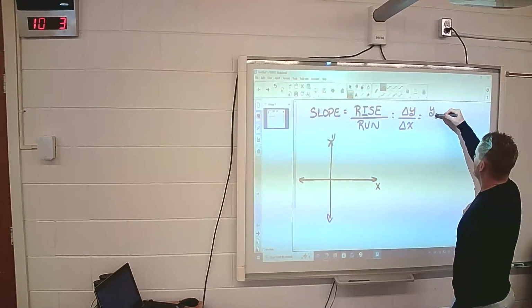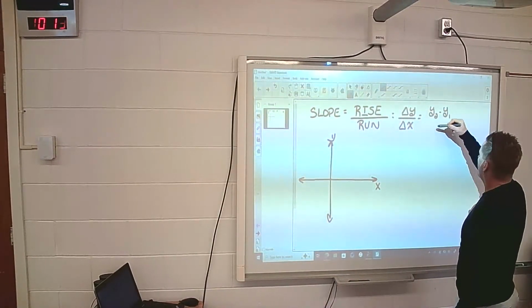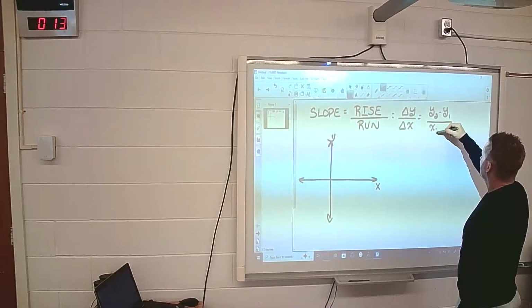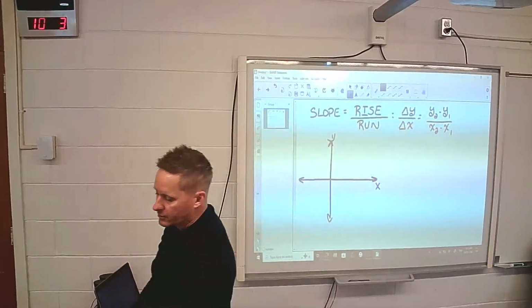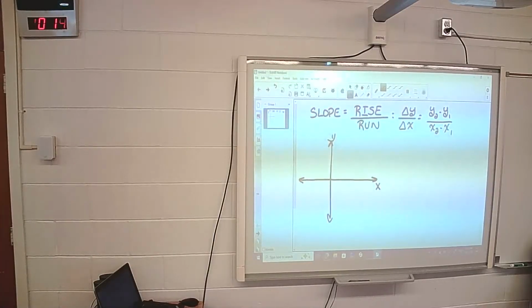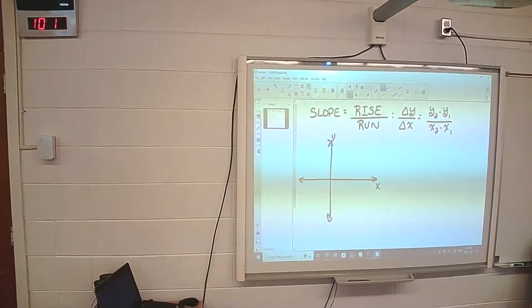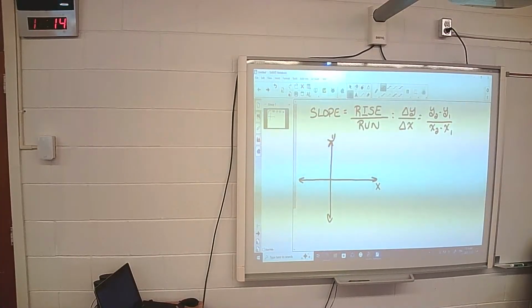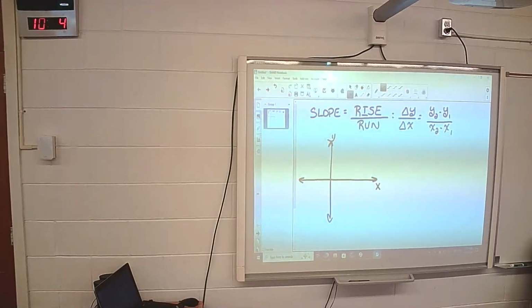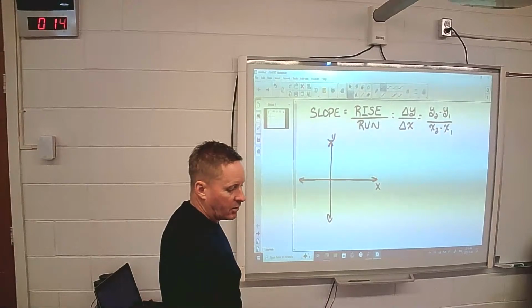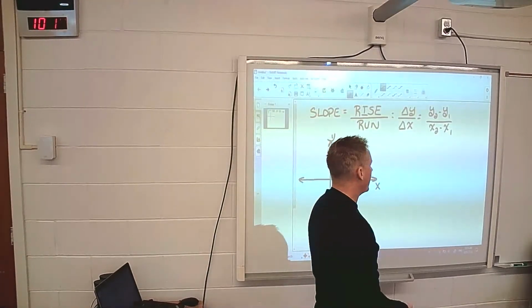You take Y2 minus Y1 over X2 minus X1. So what you're doing is taking the second Y and subtracting the first Y to find the change. In science, we call that final minus initial: your final spot minus your initial spot, your final velocity minus your initial velocity. That's what that means. So we do Y2 minus Y1 over X2 subtract X1.